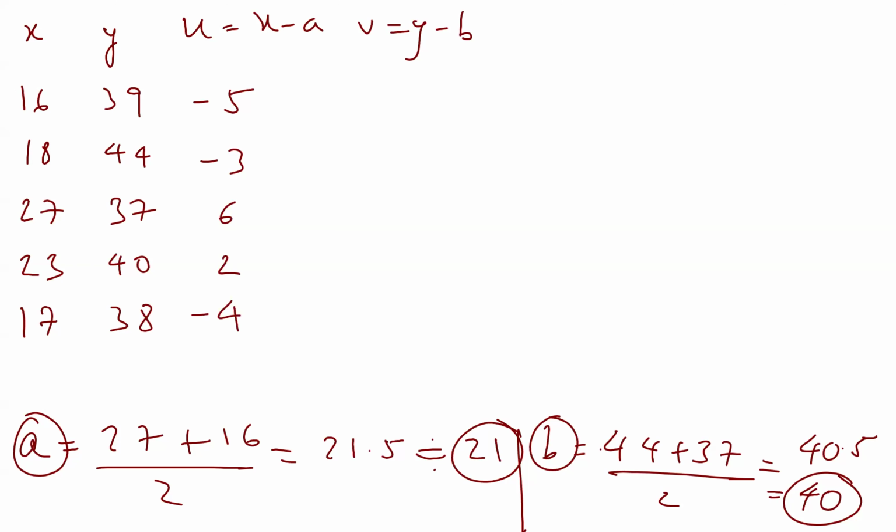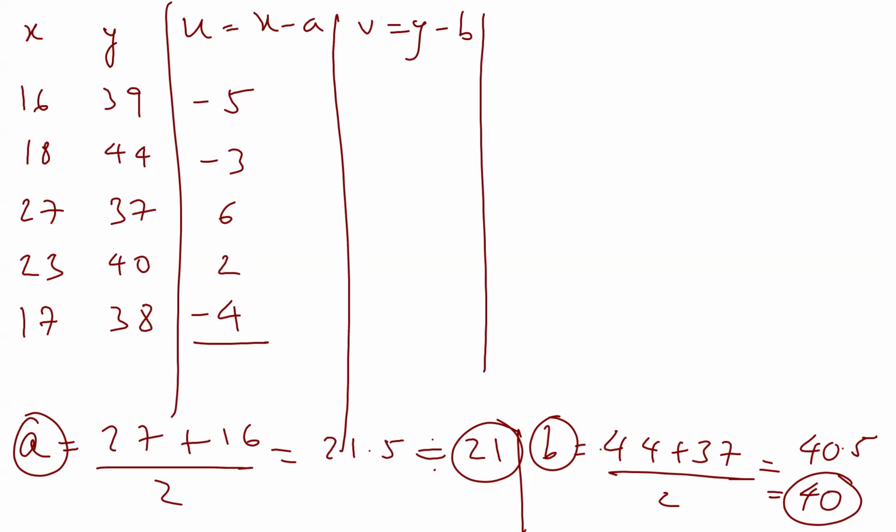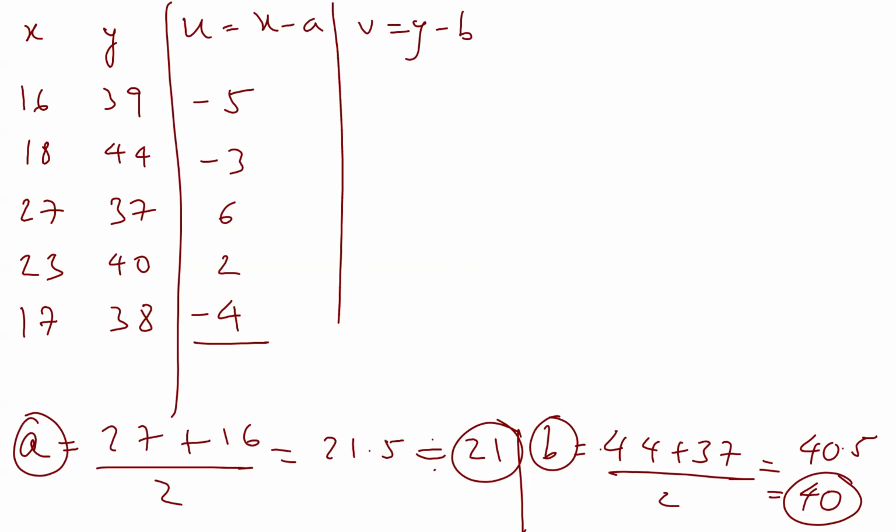So let u be x minus a, and v be y minus b. Just find the total of u. The total of u is minus 4.